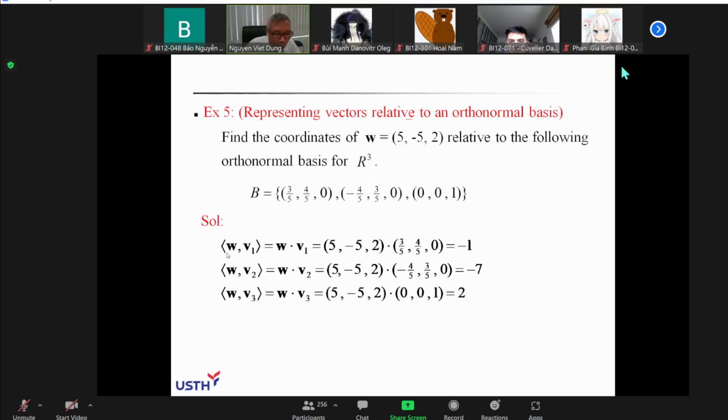The first coordinate will be the inner product of W and V1, and you get that. The second coordinate will be the inner product of W and V2, and you get that one. And finally, the last coordinate will be the inner product of W and V3, and you get 2. So the coordinates will be -1, -7, and 2.